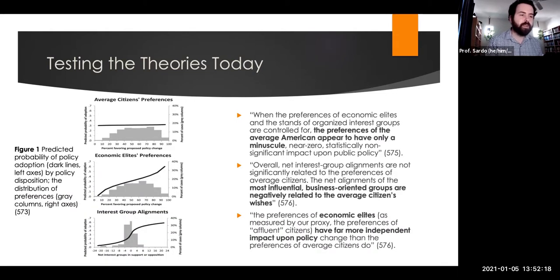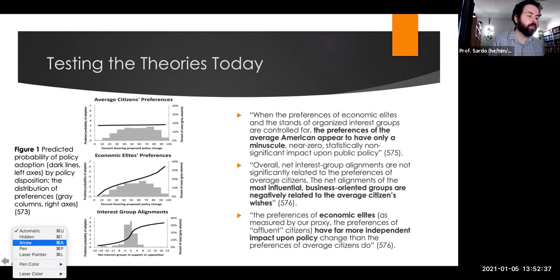And what they actually find is that when we control for economic elites and interest groups, they write that the preferences of the average American appear to have only a minuscule, near zero, statistically insignificant impact on public policy.